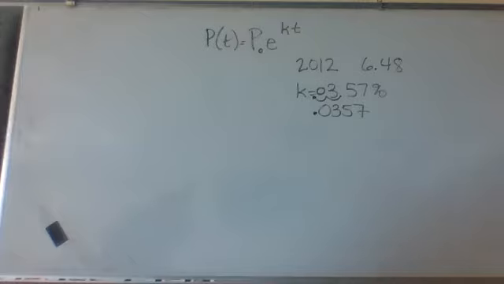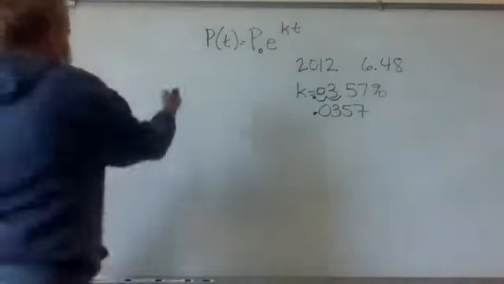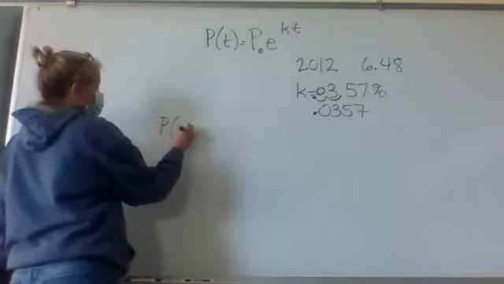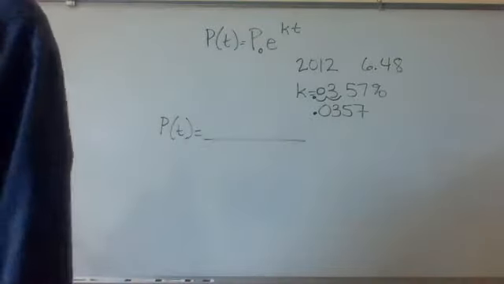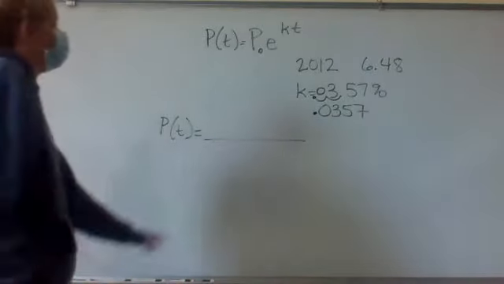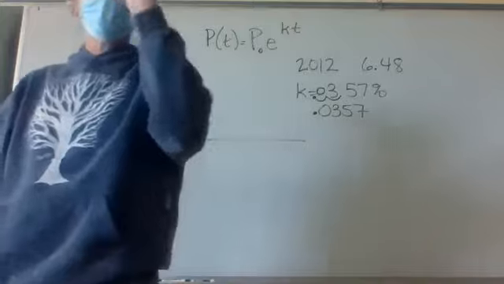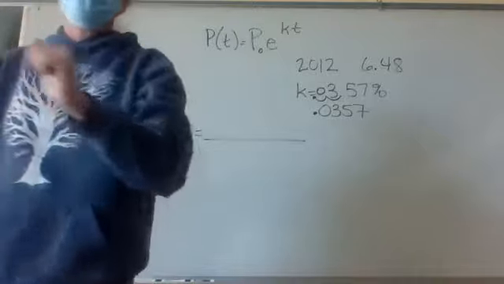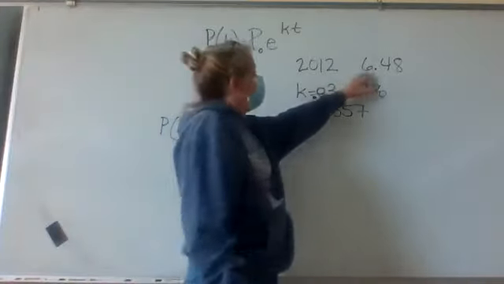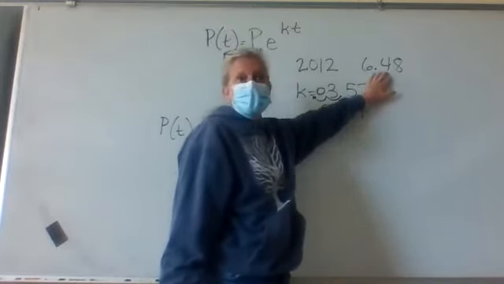The first thing it wants me to do is find the exponential growth function. It has P of T equals blank, so it wants you to come up with this growth function using the information that you know. Remember, this P with the little 0 is your initial starting amount, whether it's money, people, anything. In 2012, the population was 6.48 million. That's your starting number.